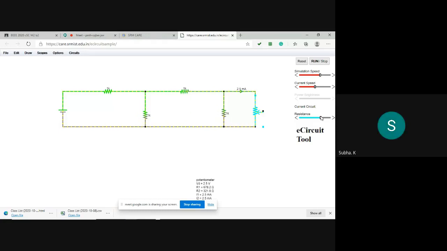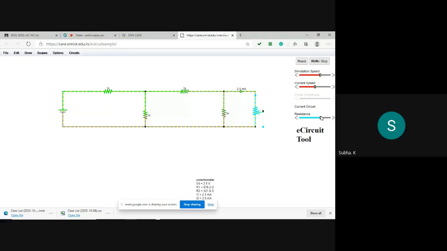What circuit are you talking about? Which theorem? Circuit 1, Thevenin's theorem. In the first circuit, you are finding the load current through 1K. Formula wise, IL is equal to VOC divided by R Thevenin plus RL.